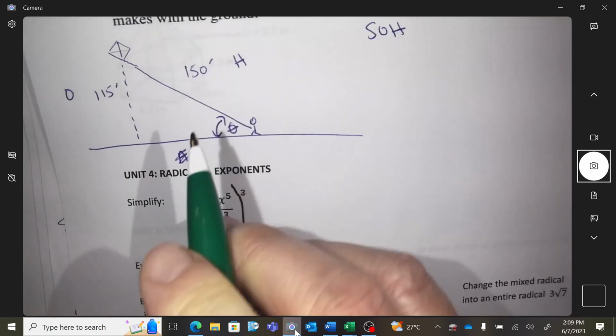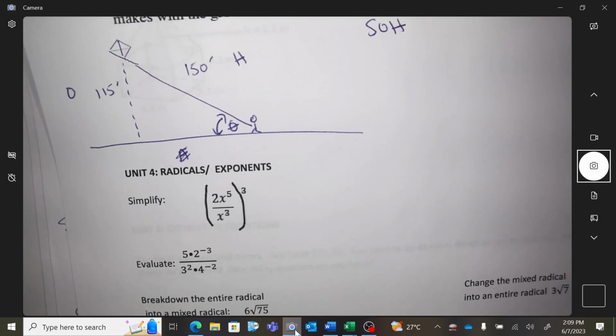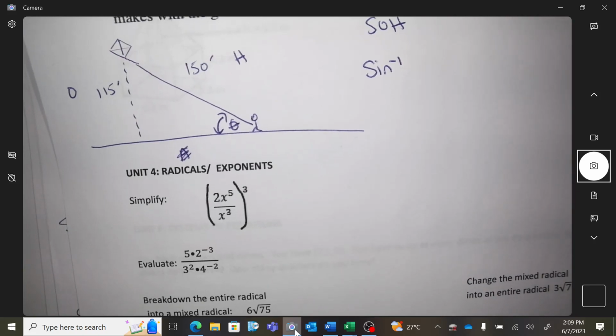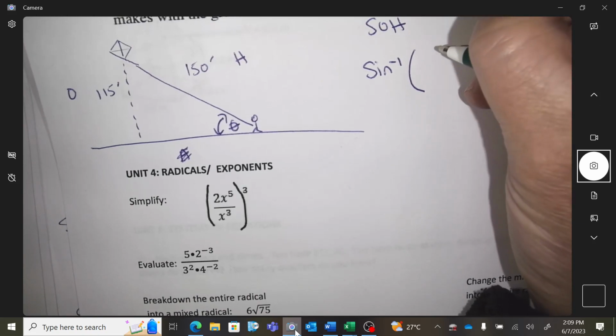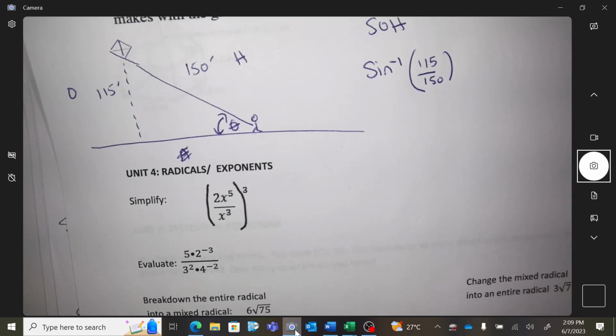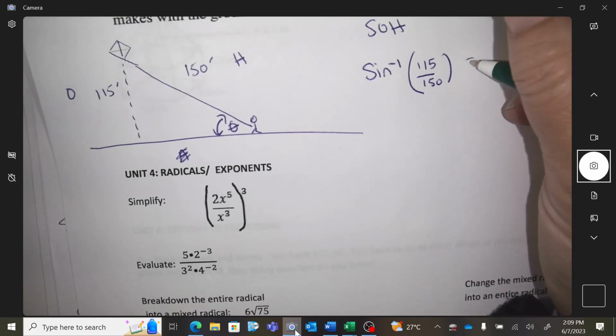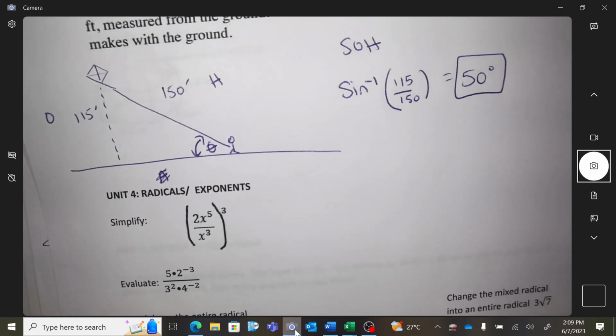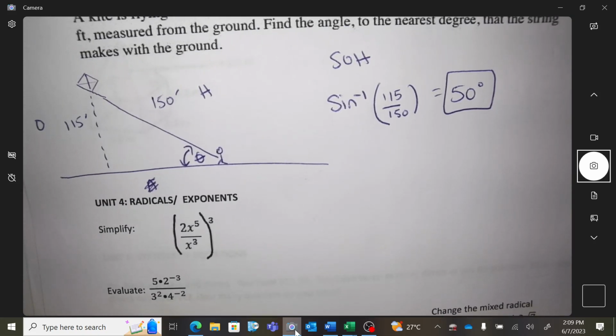So, I got my O and my H. So this is an angle. So I'm going to do sine inverse. And then the ratio is the O divided by H. Sine inverse of the O over H. Did you get 50 degrees? O divided by H, sine inverse.